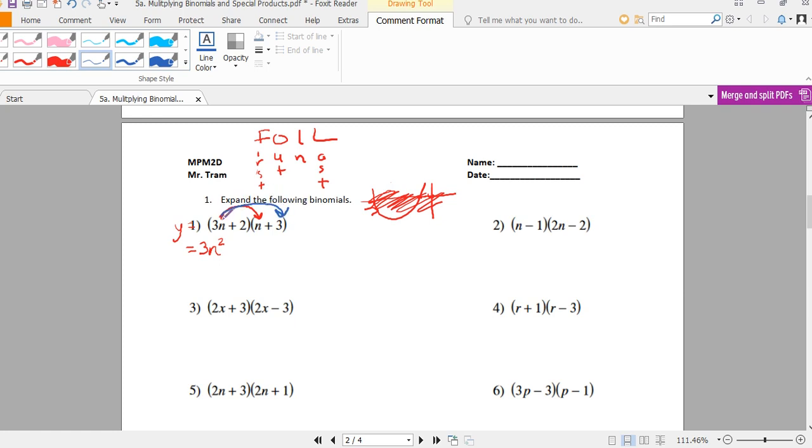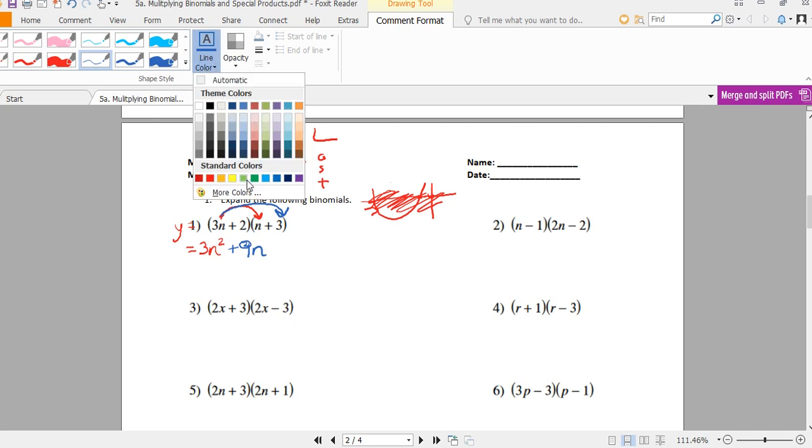Now we're going to multiply 3n with the 3 to get plus 3 times 3 is 9. And 9 what? 9n. So 3n times 3 is 9n. Now let's choose green.